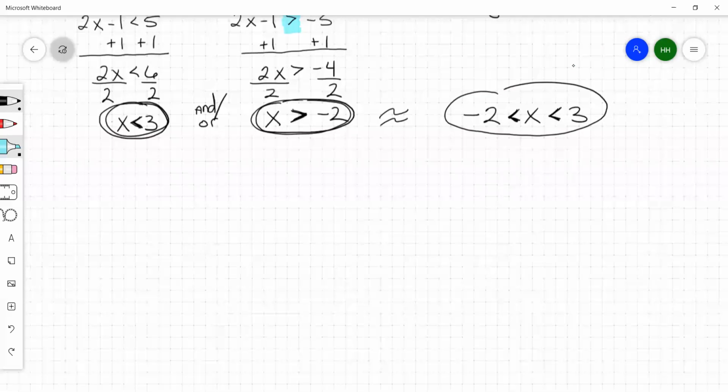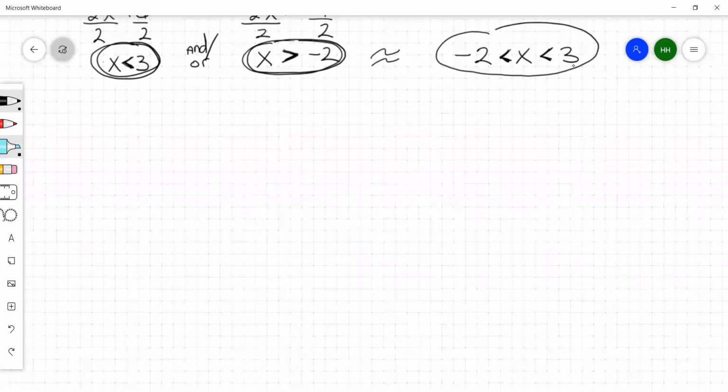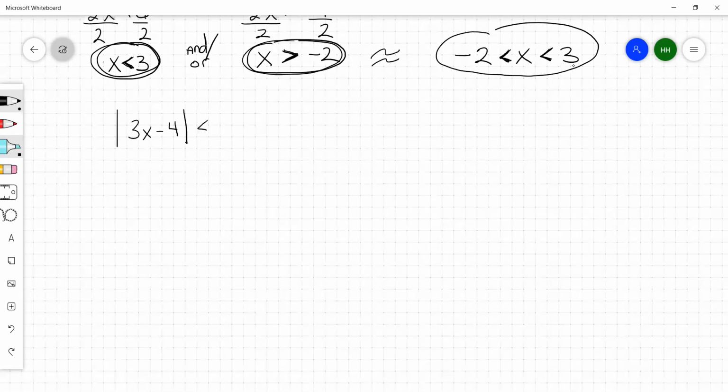All right, one more example, and then I'm going to leave you alone and give you some practice. So let's take a look at the absolute value of 3x minus 4 less than or equal to 8. Same steps as the previous problem. You got 3x minus 4 less than or equal to 8.